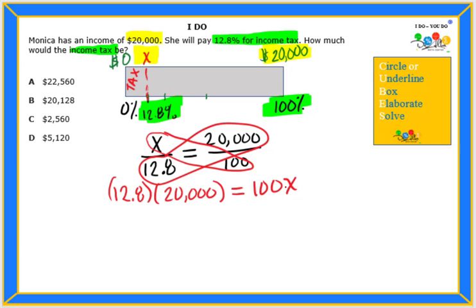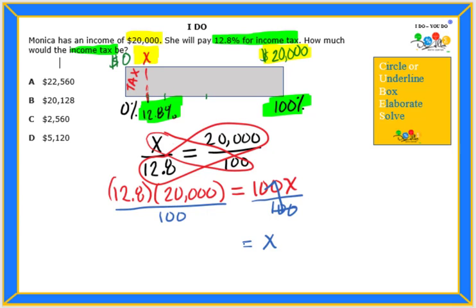And now we are trying to isolate our x. So we are going to divide by 100. And whatever I do to one side in an equation, we make sure we do to the other side. And this is going to turn into 1x because 100 divided by 100 is 1. So we have x isolated all by itself. And then on this side, we're going to evaluate 12.8 times 20,000 divided by 100.